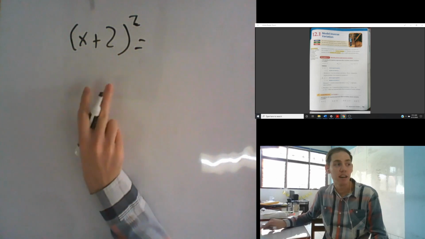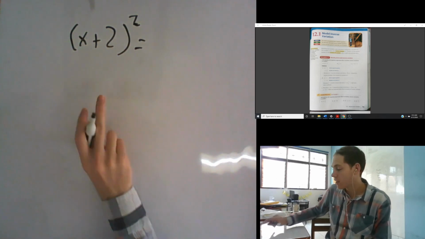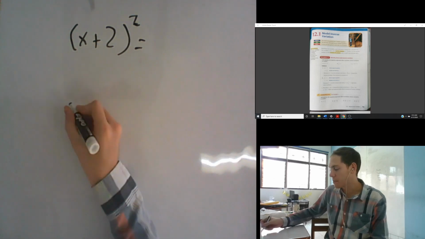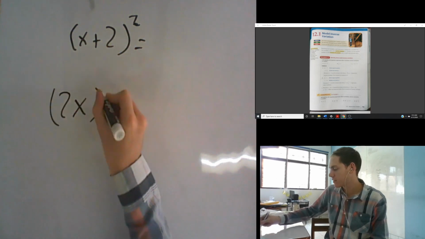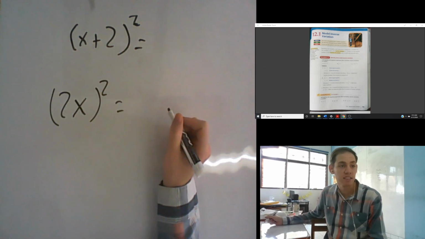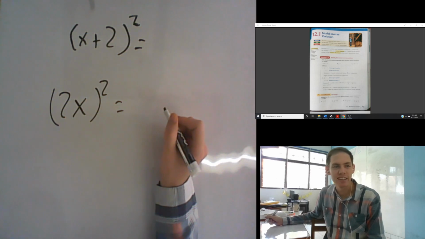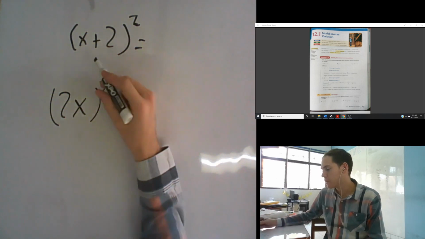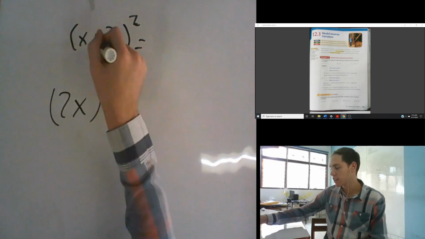Now the issue we have here is that some people think this is the same thing as this. Okay, so some people mistake this. This is this whole thing squared.